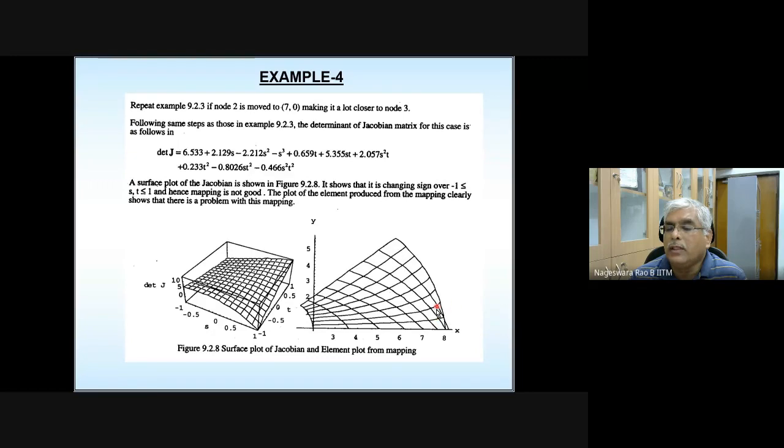The element is folding onto itself, or the mapping is such that it is going to fold onto itself. So this mapping is not good. So this element, modified by moving node 2 to the location 7, 0, is not going to be a correct element. These are the implications of the placement of nodes and the angle between the edges. That is what is illustrated here. Any questions?